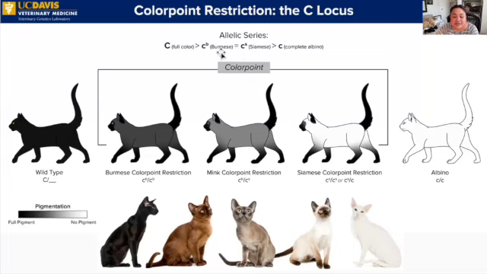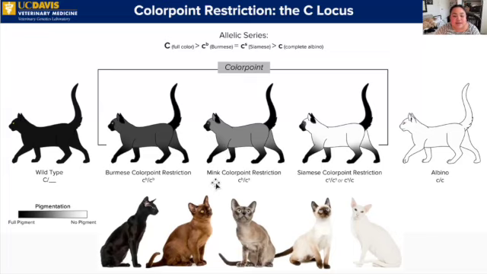And both Burmese and Siamese alleles are dominant over the little c albino allele, as shown by the greater than sign. So as you can see, there are 4 alleles in this allelic series, yet there are 5 possible phenotypes. That's because the incomplete dominance pattern of inheritance produces a 5th phenotype in the CBCS heterozygote.